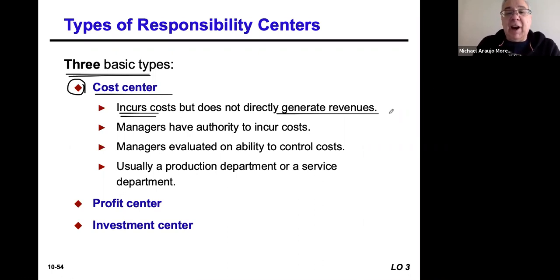I'll tell you, for the college, the faculty might be considered a cost center because we're not directly generating revenue. We're not out there selling anything. We're busy teaching. So technically we would be a cost center as well. Managers have authority to incur the cost, meaning they can make costs happen.